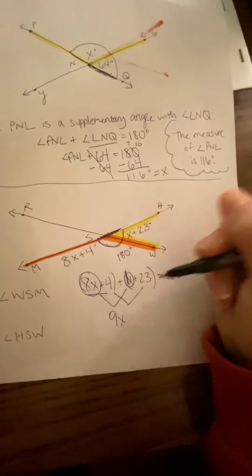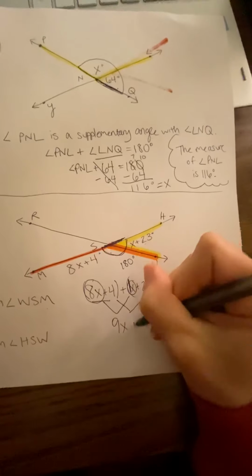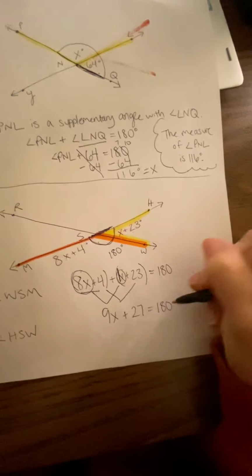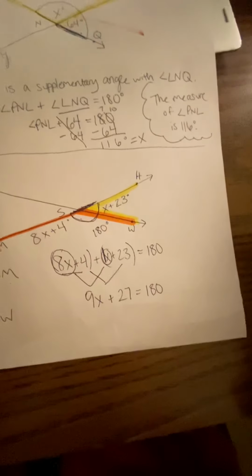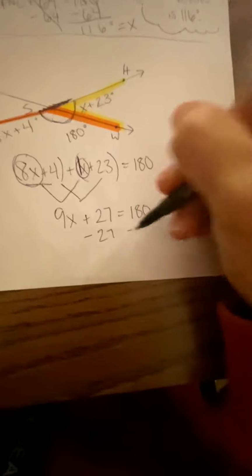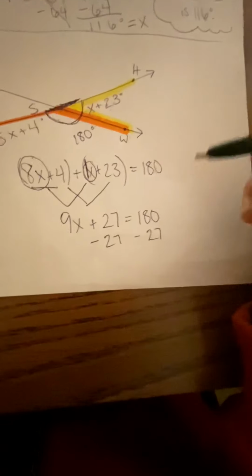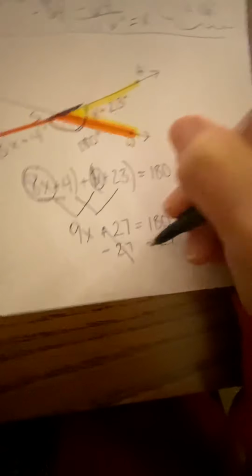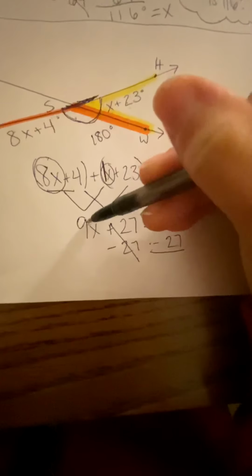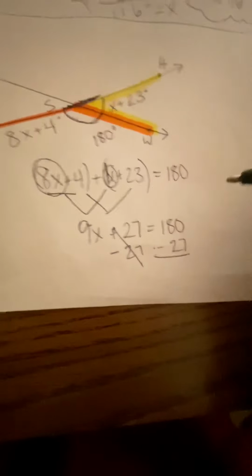And I can add the 4 and the 23. So 9x plus 27 equals 180. Here again, I use inverse operations: minus 27 on both sides. We'll cancel this out, and 180 minus 27 will tell me what this 9x is equal to.